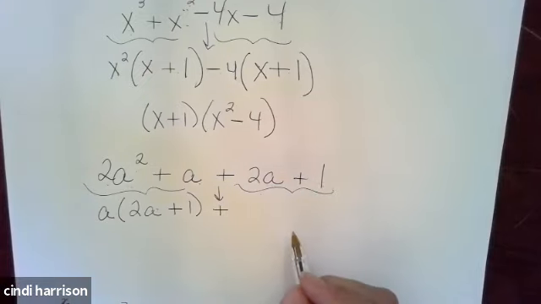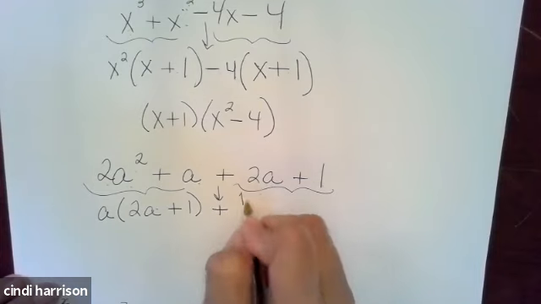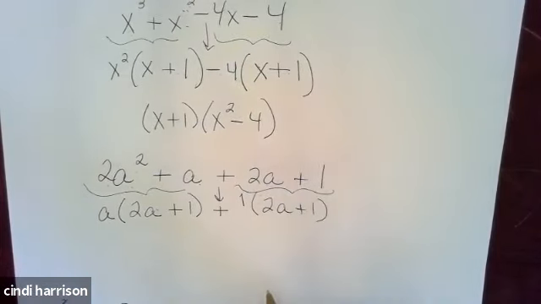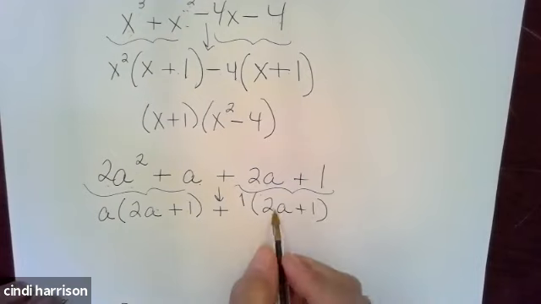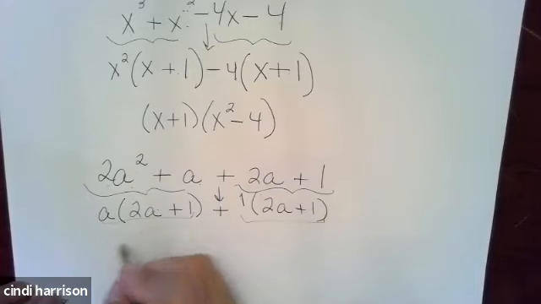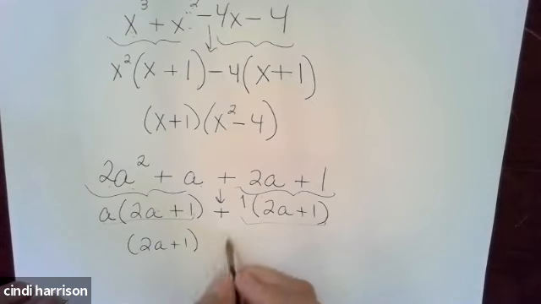The greatest common factor is just 1. But we need to show that, because the way our steps are written, we have to express both as multiplication. So now we can see from this term and this term that the GCF is 2a plus 1. So we factor that out, and then what's left is a plus 1.